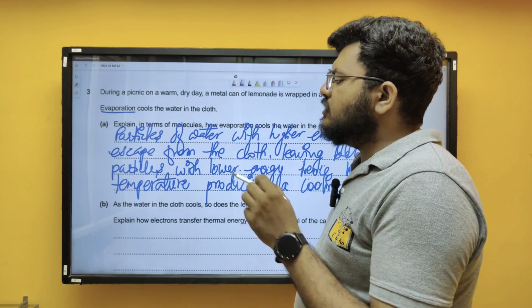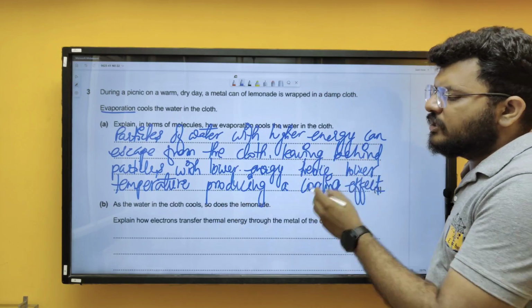Okay. As the water in the cloth cools, so does the lemonade.